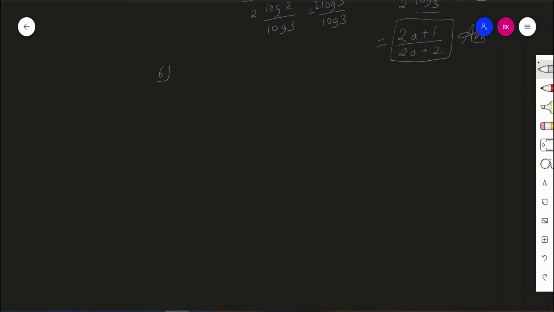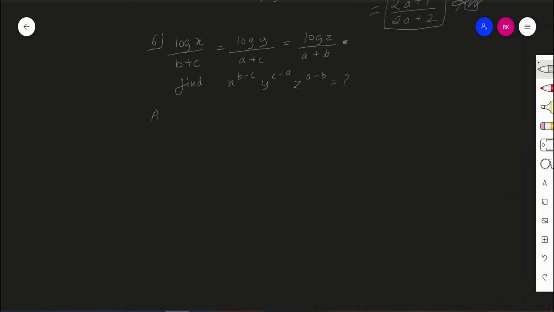Question number 6: log x upon b plus c is equals to log y upon a plus c is equals to log z upon a plus b. Then find x raised to the power b minus c, y raised to the power c minus a, z raised to the power a minus b.